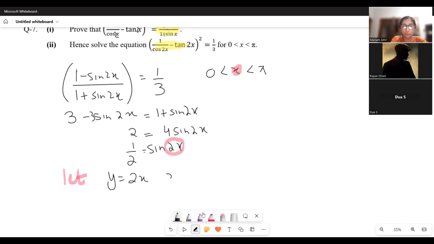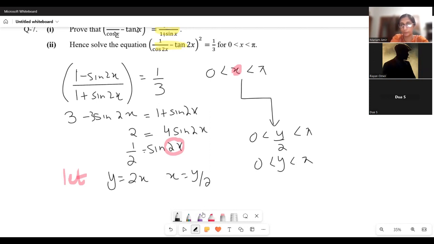So then x will be equal to y upon 2. So let's replace this: 0 to y upon 2 pi. So y is between 0 and 2 pi. Okay, so let's solve that. We have sine y equals half.